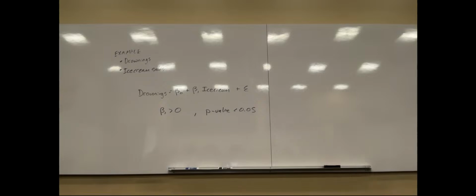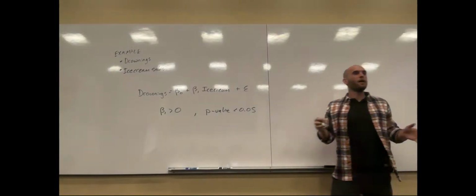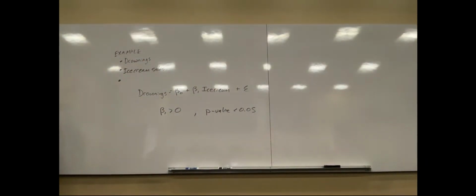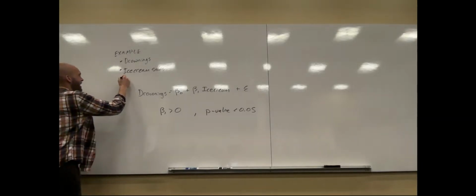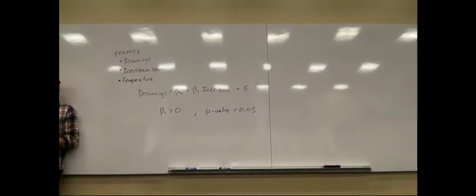Okay, so maybe rebutting Corin's causal claim of a direct relationship, maybe there's another variable. So let's say we have a third variable, which is an indicator of outside temperature. So we have temperature. Now does the story make sense? It turns out in the summer, more people go swimming. When the weather is nice, temperature is higher, people go swimming.